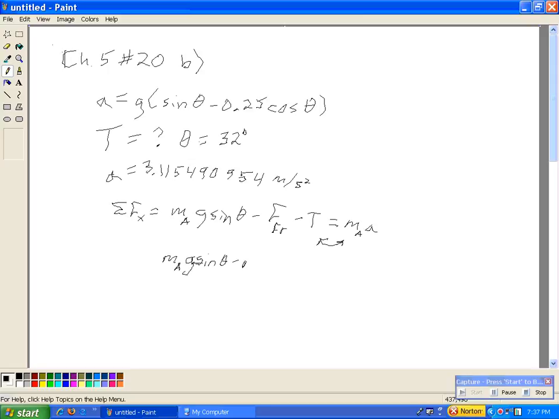The force of friction is mu_A m_A g cosine theta, and then we'll bring this over, and m_A times acceleration equals the tension.